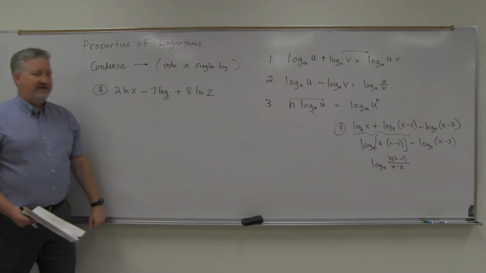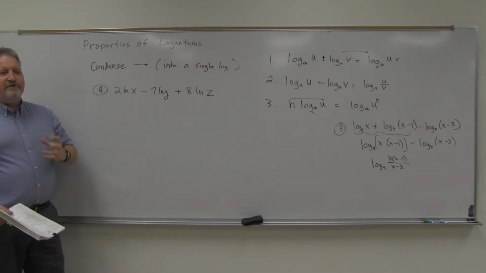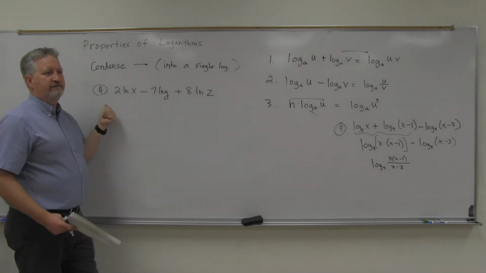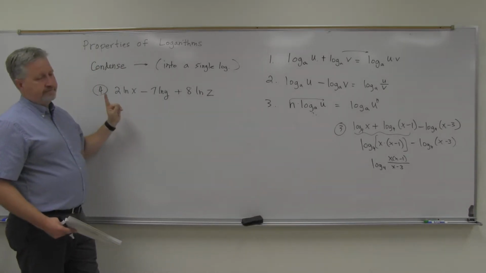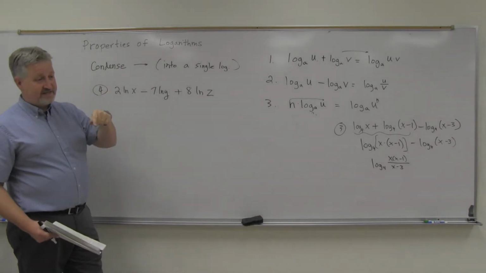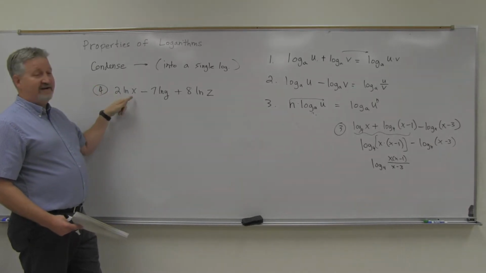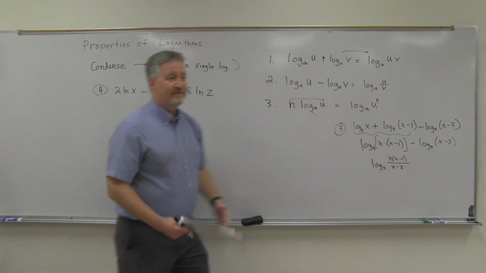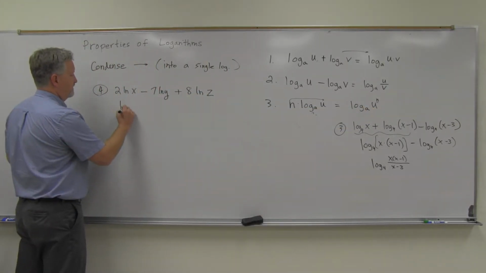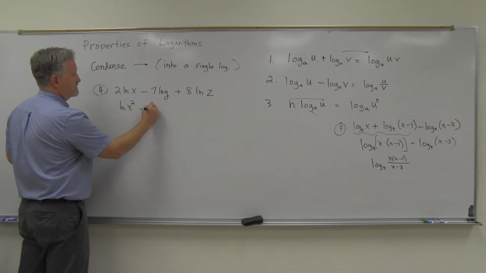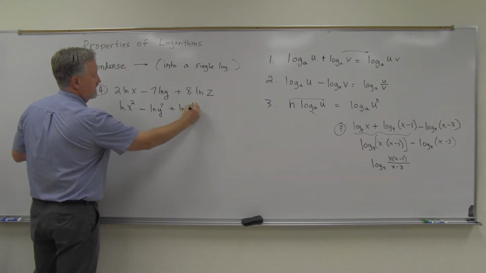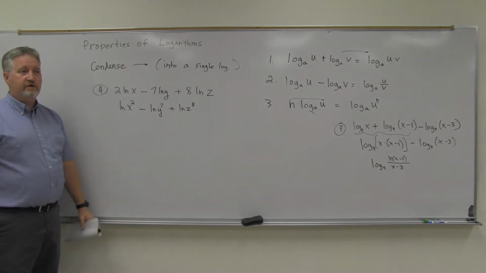The 2, the 7, and the 8 are kind of in the way, because to use property 1 and 2, you can't have numbers in front of the logs. Those numbers need to be taken inside, but they don't go inside as times, they go inside as powers, right? So this would be ln of x squared minus ln y to the 7th plus ln z to the 8th. That's how those work.